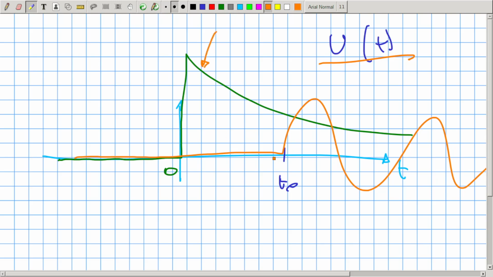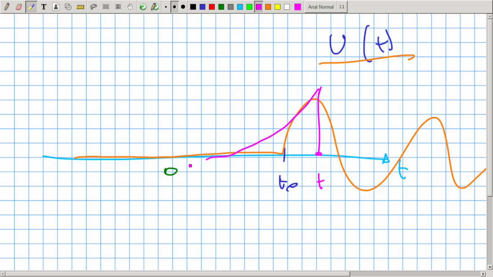At this point, whenever you do the integral and you do the convolution, you've got to take this triangle and move it around, true? When are we going to have something? We're going to have something for the t's that are bigger than t0, true? And the integral, since we have 0 before t0 and 0 after t from a convolution perspective, is going to be from t0 to t.